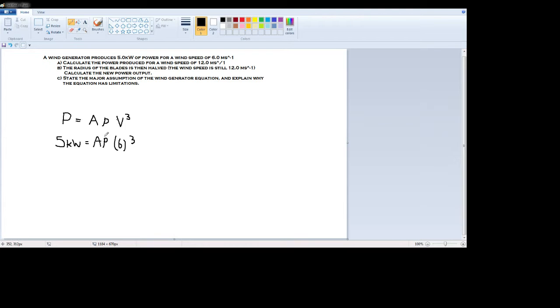So, after a few operations, we can rewrite this as area times rho equals 5 over 216. Now, the important thing to remember here is that area and rho remain constant.